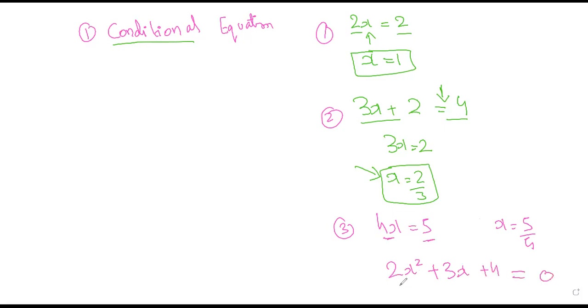How do we find this? We basically factorize this, find the two values of x for which this equation is 0, and that is the condition. Only for such values of x would this be an equation. So this is why one variable and an equation is called a conditional equation, right?